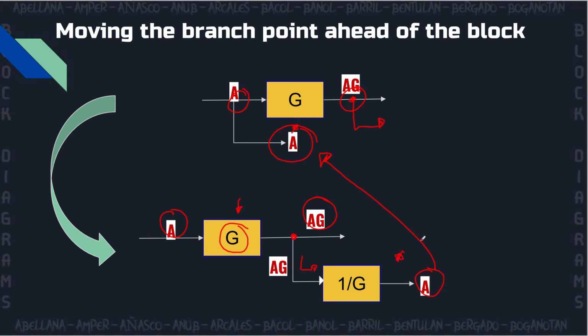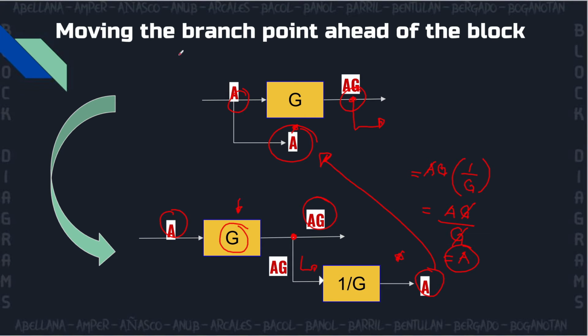So I bet you're confused. Why A? Because if you multiply AG by 1 over G, the output would be AG over G. And since we can cancel the numerator and the denominator, the final output would be A.